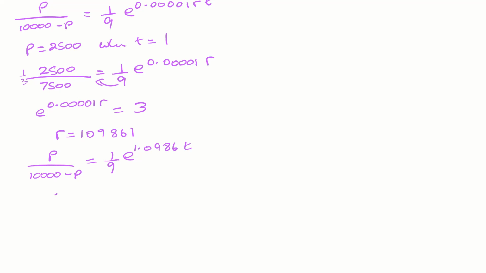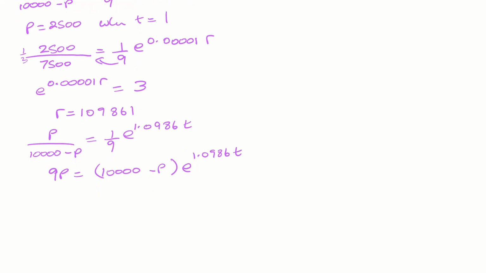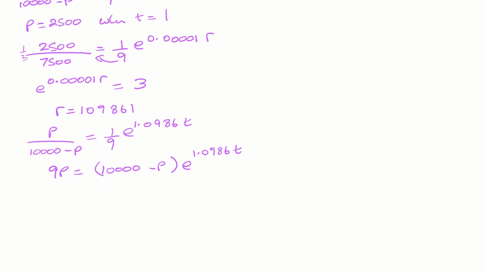And rearranging gives us 9P is equal to (10,000 minus P) times e to the 1.0986 t. Expanding that out gives 9P is equal to 10,000 e to the 1.0986 t, take away P e to the 1.0986 t.